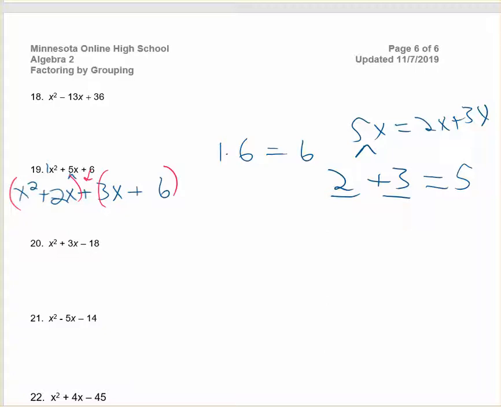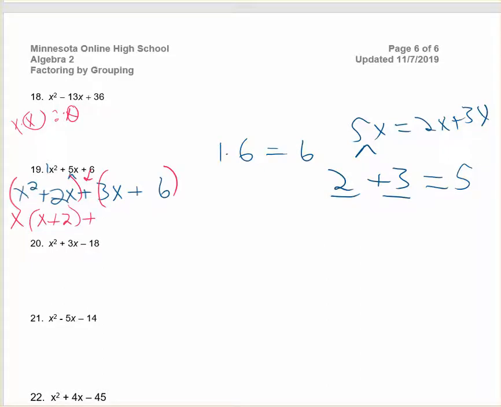Now I look for the greatest common factor in each set of parentheses. In the first one, I can see that it's x, because x squared is x times x, and 2x is 2 times x. X is the only common factor. If I take x squared and divide it by x, which is the same as factoring out an x, I get x. If I take 2x and divide it by x, I'm just left with the 2.